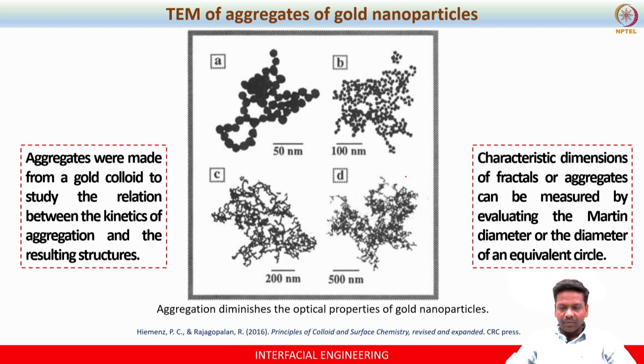The disadvantage of these aggregates is that the aggregation diminishes the optical properties of gold nanoparticles, and their catalytic properties are reduced by the aggregation of these gold nanoparticles. So these are the TEM images of gold nanoparticles that are shown here.